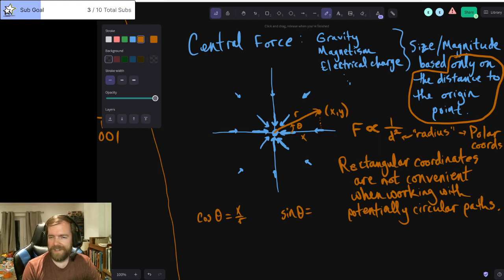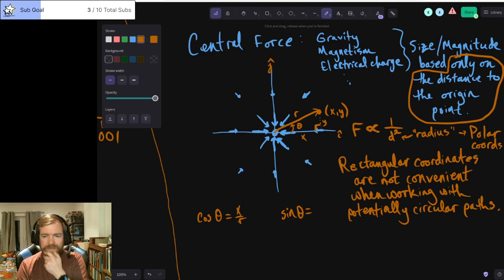So we have our x and y components there. They're at right angles to each other, orthogonal naturally. And then we have our directions, i hat and j hat. Okay, so the cosine of theta is x over r, and the sine of theta is y over r.